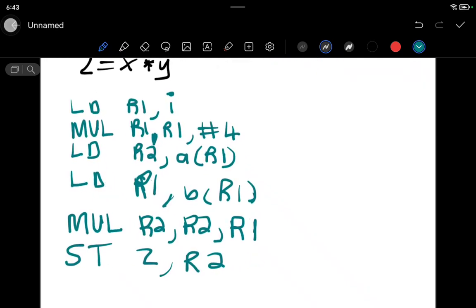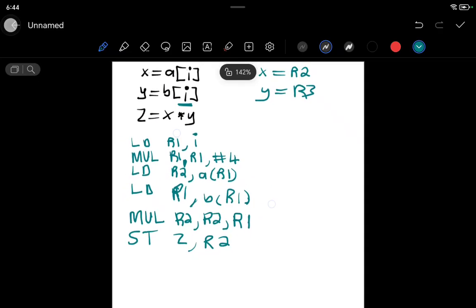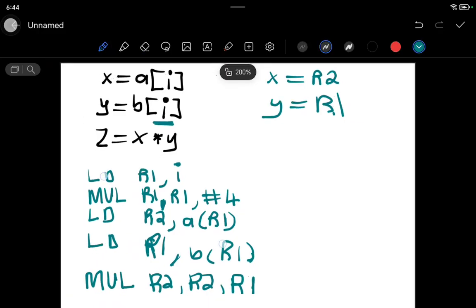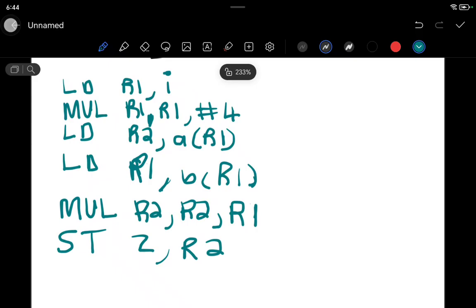These ones I stored in what? I stored into R1, and then R1 is Y. So this I can also optimize further to say R1.